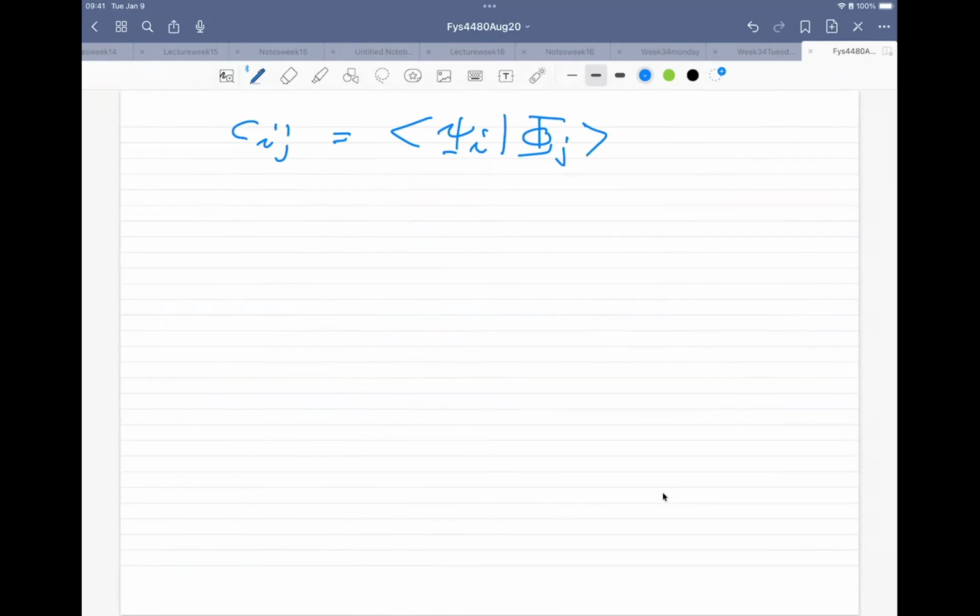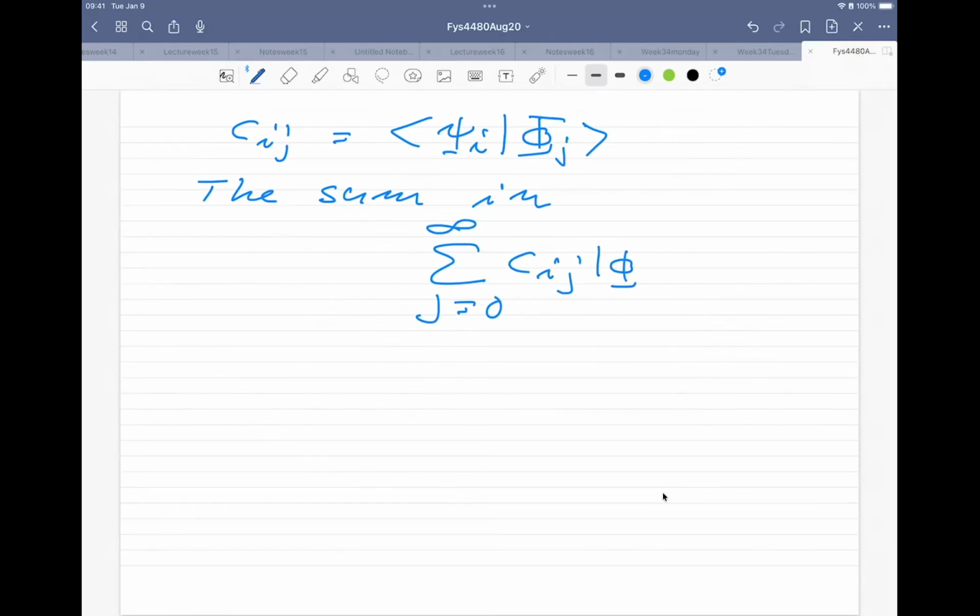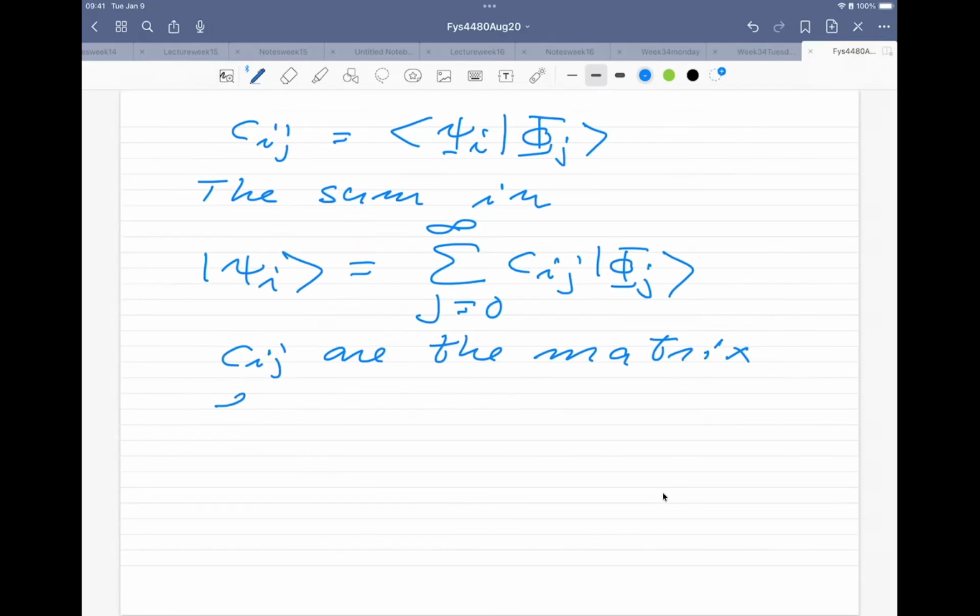And so what we can say then is this is normally called a wave function based approach. And the sum in what we have here, j equals 0, goes in principle to infinity. So we have the C_ij's and phi j. Let me just rewrite it. So these coefficients, C_ij's, are the matrix elements of a unitary transformation, of a unitary matrix.